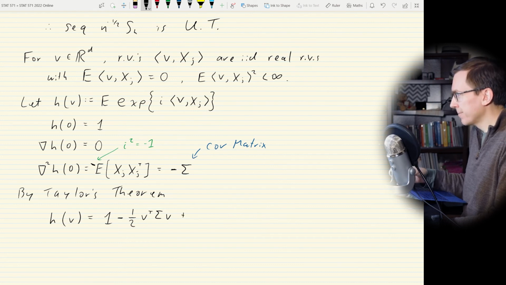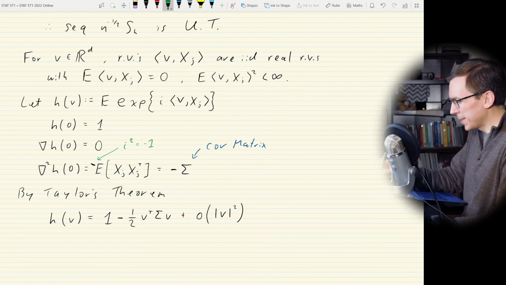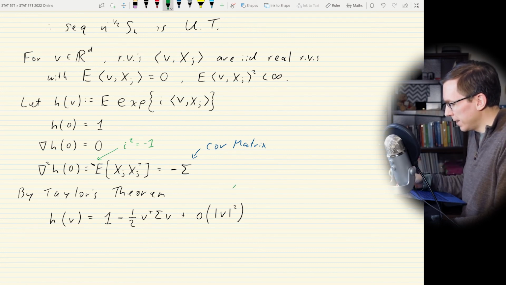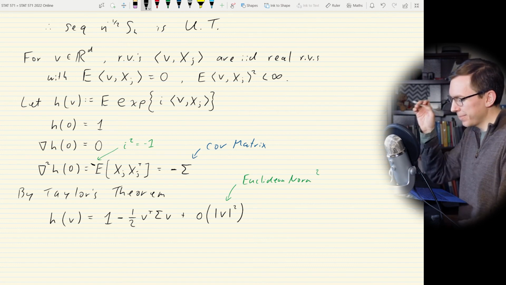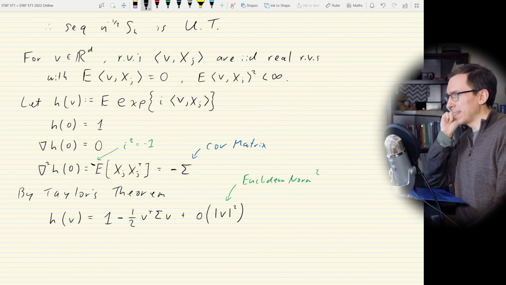And lastly, we get something that's little o of the absolute value of v squared. This is the Euclidean norm. I think I used the double bar in my notes, but I'll change that later. This is the Euclidean norm squared. Okay, cool. So Taylor's theorem tells us that this thing that we're computing is going to look something like that.